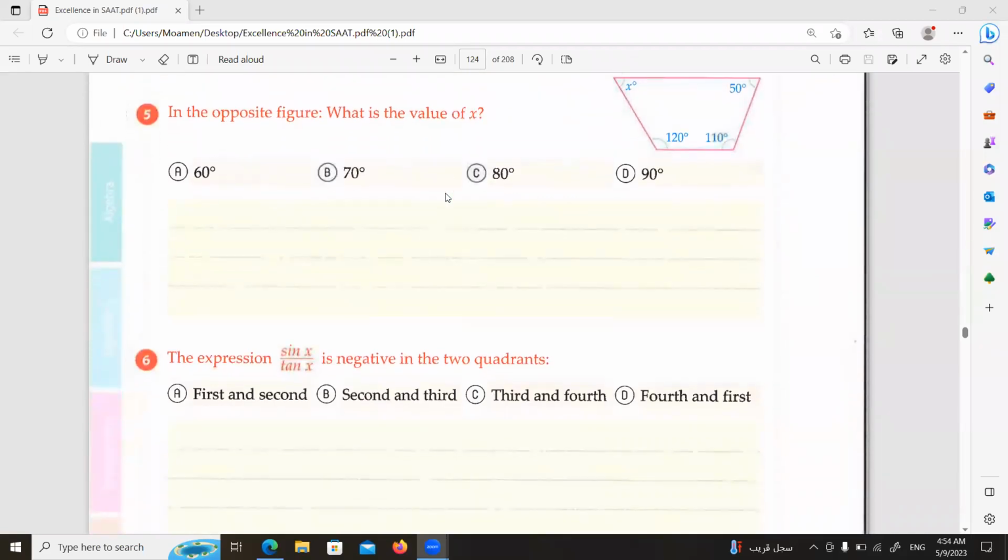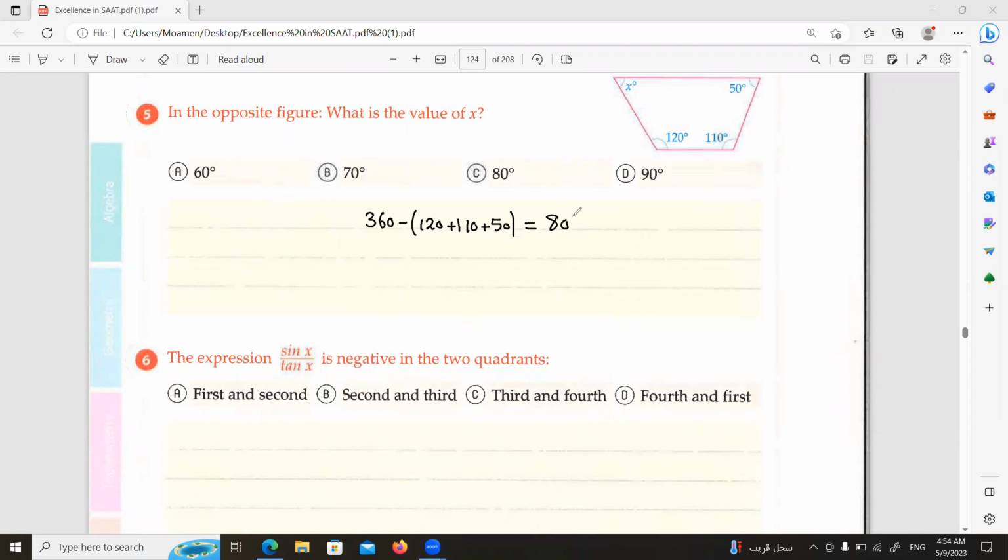We're going to the next part. Number 5 is talking about the value of x, as we have a quadrilateral. So the sum of the measures of these 4 angles will be 360. So I make 360 minus, and then I add 120 plus 110 plus 50, which equals 280.